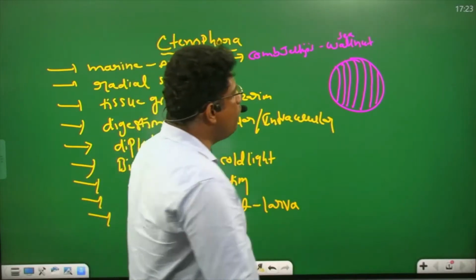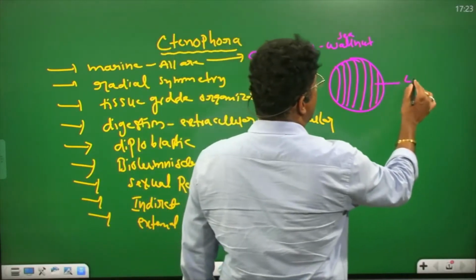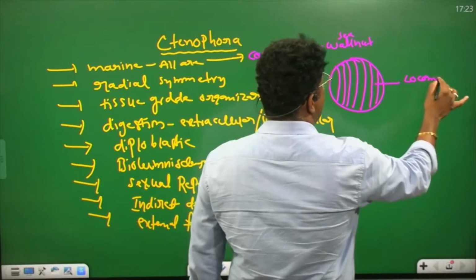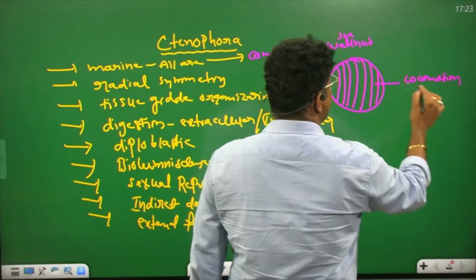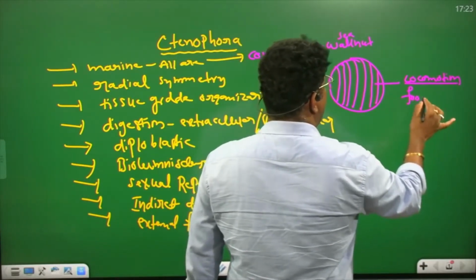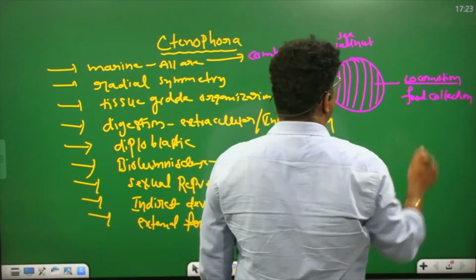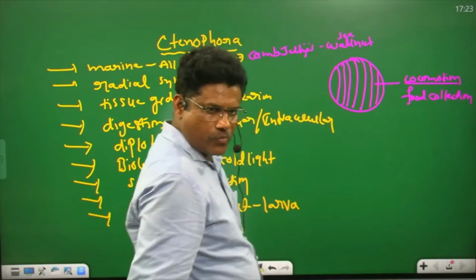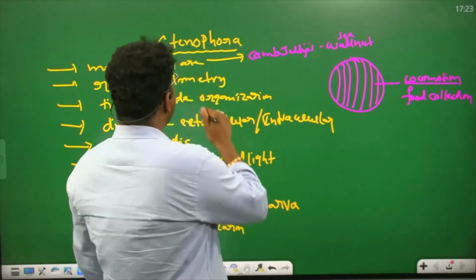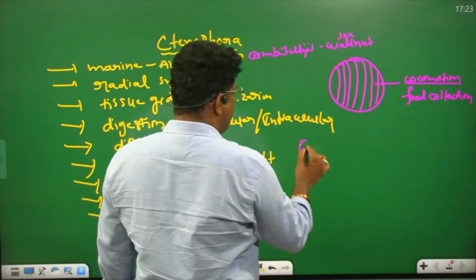Okay? The comb plates are useful for locomotion and food collection. So what is the example of Ctenophora?